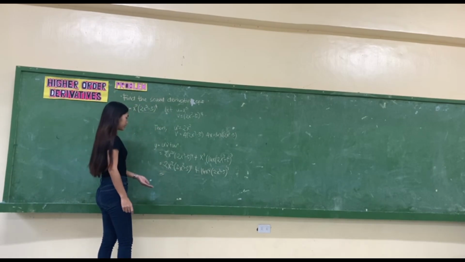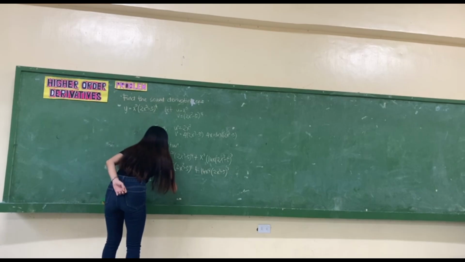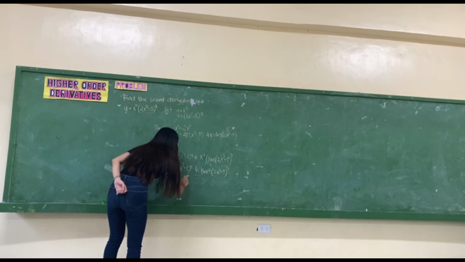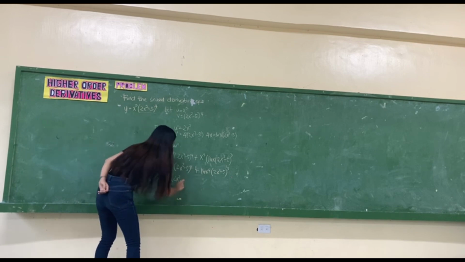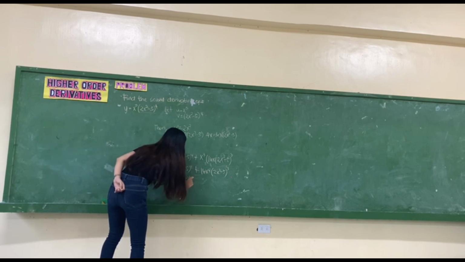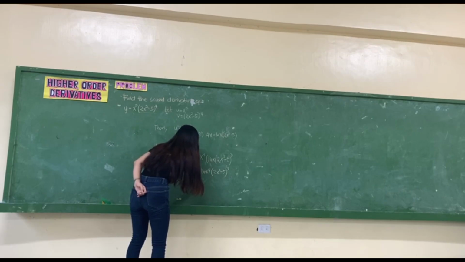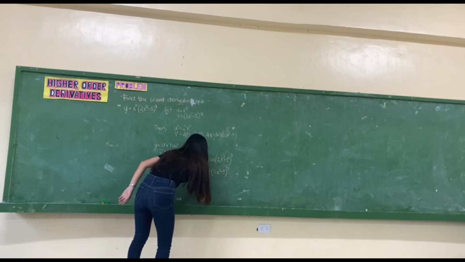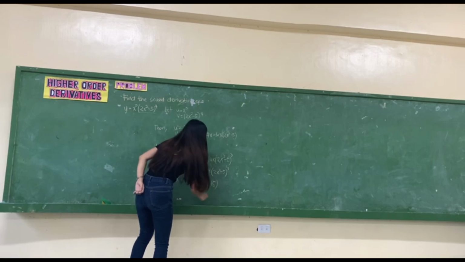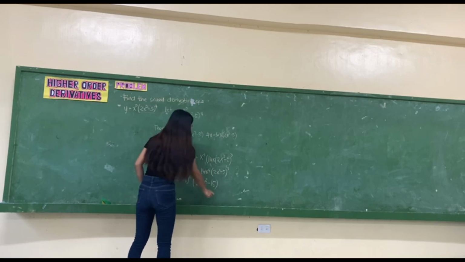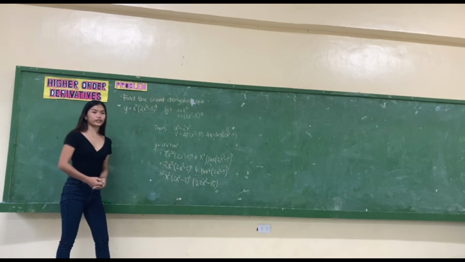Let's factor it, and it will come out with x squared times (2x squared minus 5) cubed times (22x squared minus 15). So we have our first derivative.